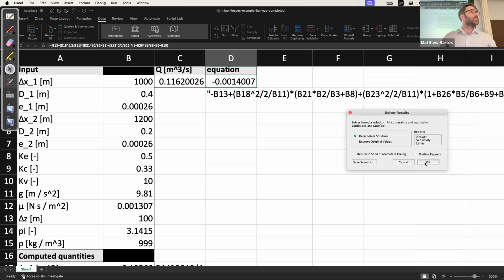There are certain problems where you do have fixed constraints. I would say that this type of problem here, you can either account for it with constraints in the solver or with constraints in your actual formulas in the cells. So like I put an absolute value on that velocity term in the Reynolds number.